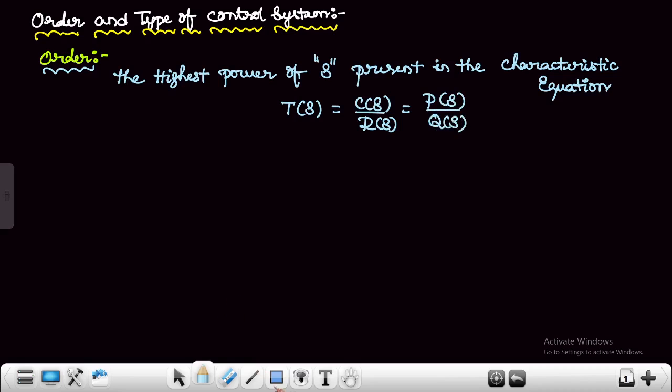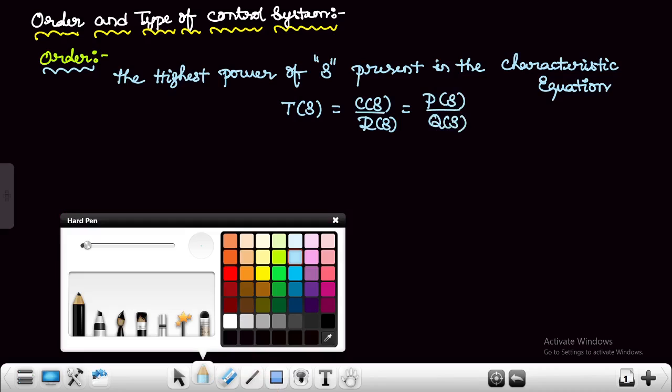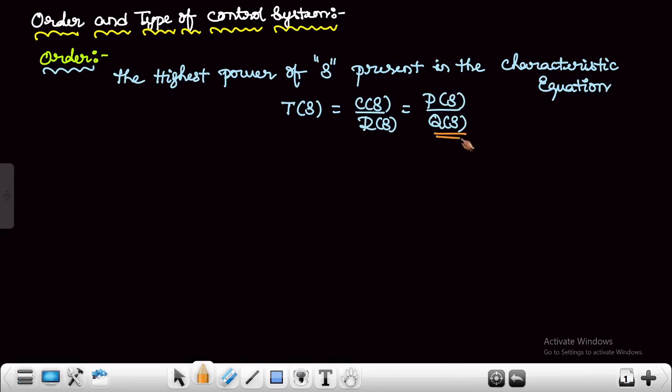Whenever you make the denominator Q of S equal to 0, that is called the characteristic equation, which defines the nature or characteristic of the system. This is defined by equating the denominator of the transfer function to 0.